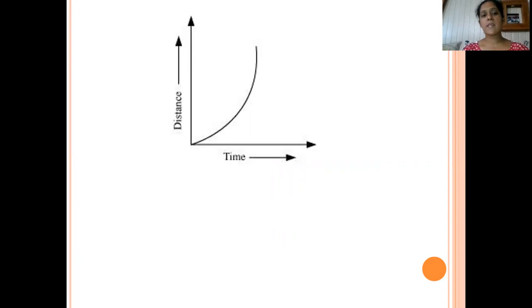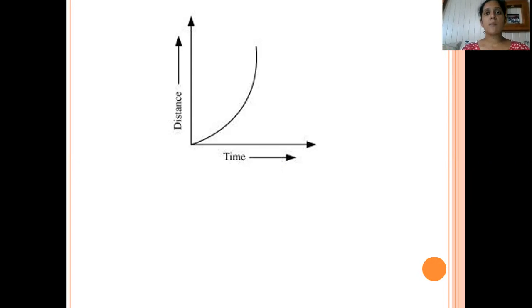Now here, the distance time graph is a curved line. A curved line represents that the distance is not increasing at a uniform rate. It is increasing non-uniformly. Like maybe in the first second, the body has covered 2 meter. In the next 1 second, it has covered 5 meter. And in the next 1 second, maybe it has covered 10 meter.